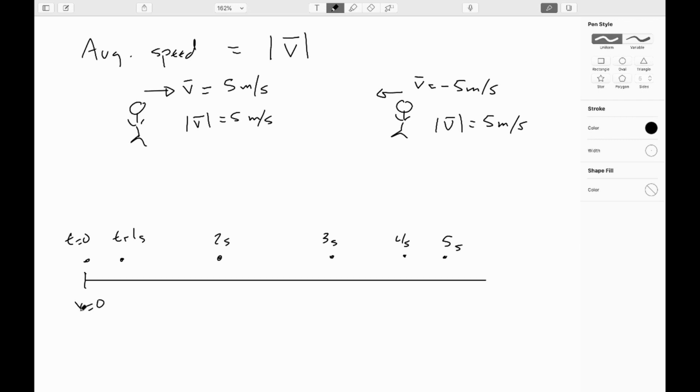We'll say this is x equals 0, x equals 10 meters. So this would be about x equals 30 meters, x equals 50 meters. This looks to be maybe about x equals 65 meters, and then finally about x equals 75 meters. So one way I could represent the motion is just by drawing the dots, like so.